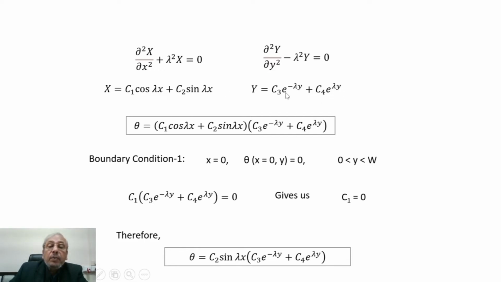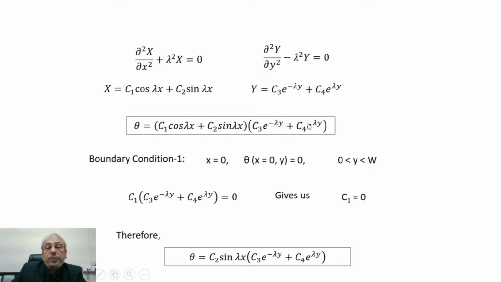Then, as we said, the final solution is the product of these two solutions, uppercase X into uppercase Y. So we can write theta equal to c1 cos lambda x plus c2 sin lambda x, into c3 e to the power minus lambda y plus c4 e to the power plus lambda y.